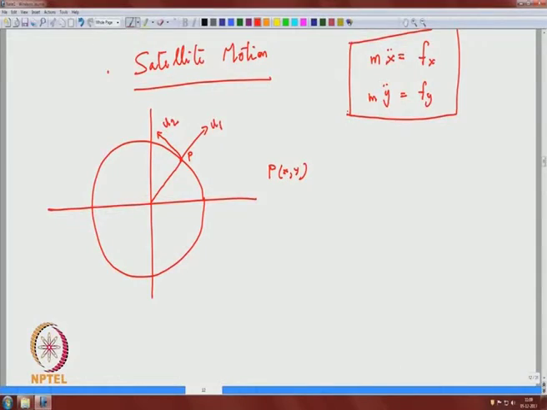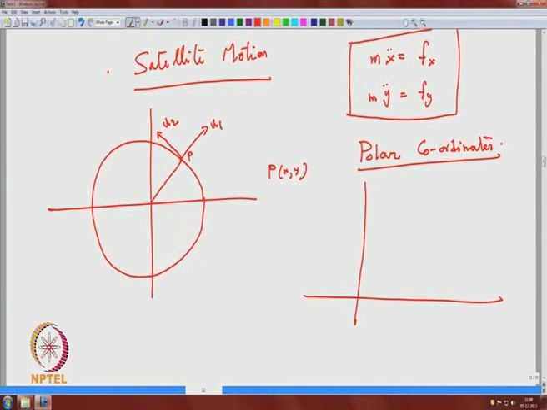This looks like an easier model, but for a satellite a better way of writing is not in the Cartesian coordinate system but in polar coordinates. It is much better, and you can do a very simple analysis. Let me just write down the equation.